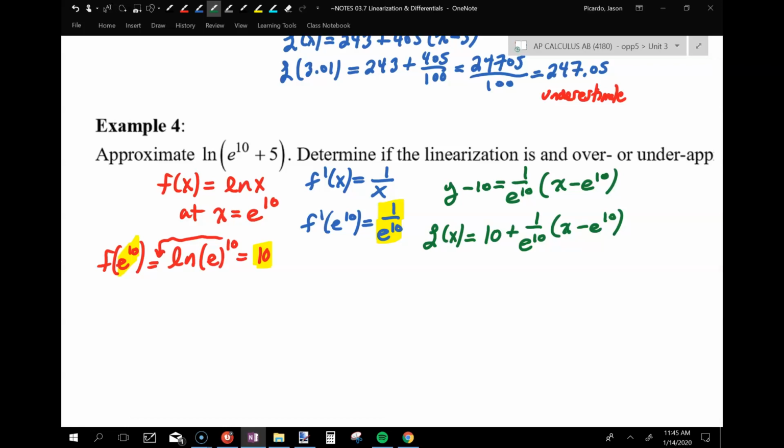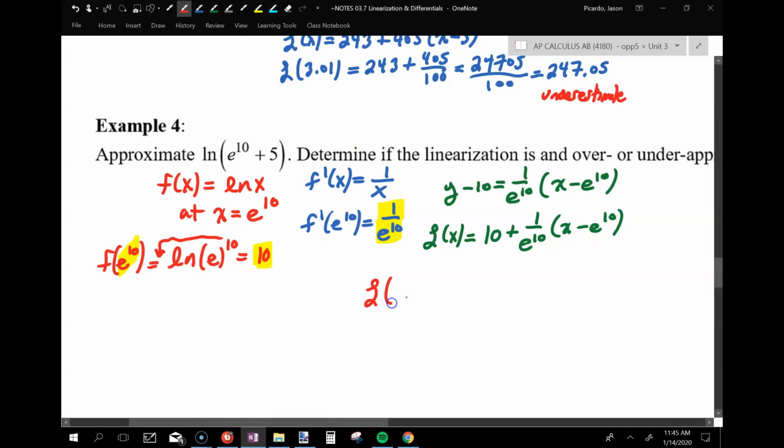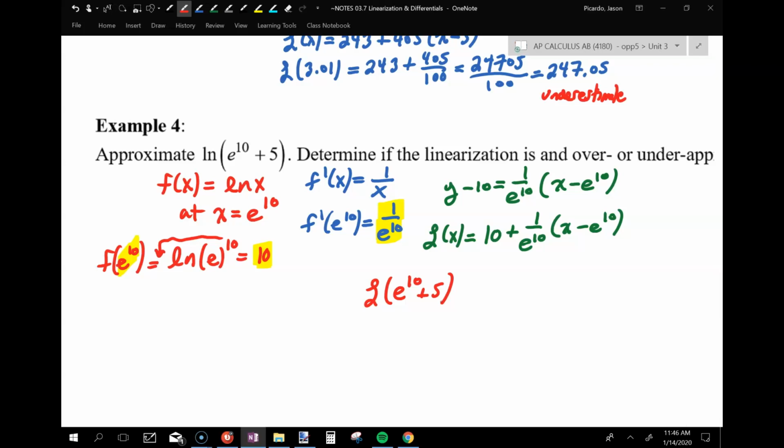All right, so all I want to do now is what? I want to evaluate this at that value, right? Because that value is really, really close to e to the 10. So what do I do? I plug it in, right?